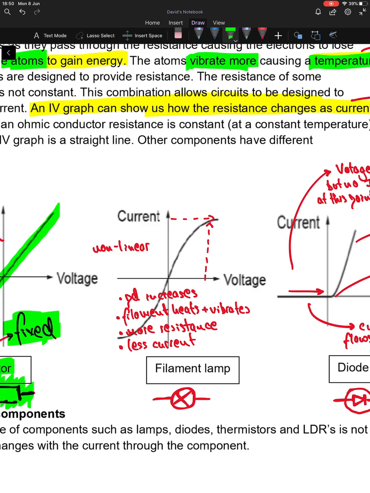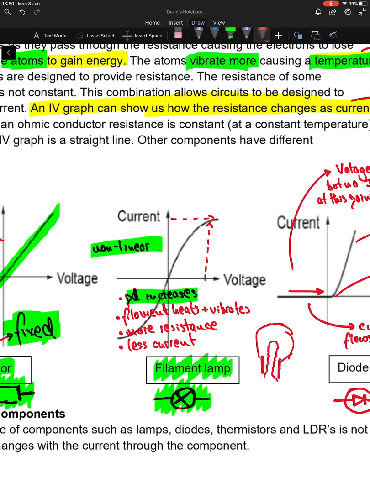Moving on, as it said, the relationship for other components is slightly different. So for a filament lamp, symbol there to remind you, it's a non-linear relationship. As the voltage increases, there is more force shoving the electrons around the circuit. As that happens, the filament inside the light bulb heats and vibrates. If you remember, when you've got a light bulb, you've got the kind of little wiry bit in the middle.